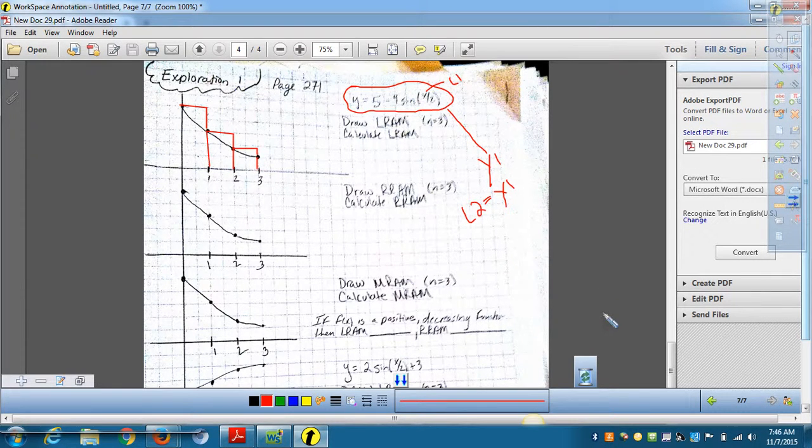Okay, so if you were absent in class, you're going to want to pause this and get a printout of the lab. And let me get a clean screen for you to do that.